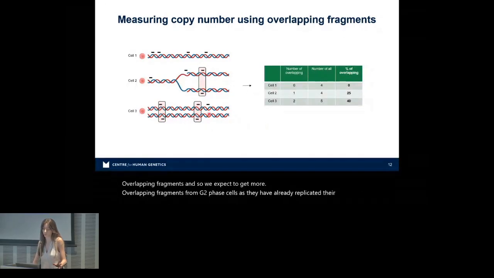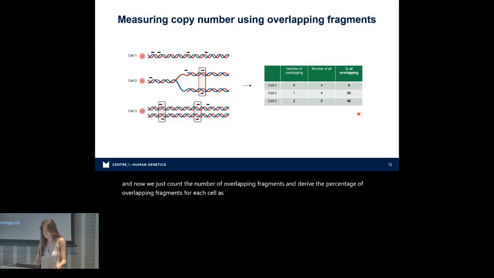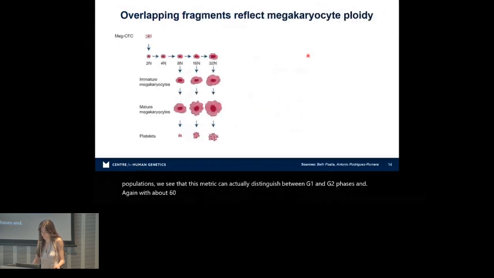Now we just count the number of overlapping fragments and derive the percentage of overlapping fragments for each cell as our next metric. When we check the distribution of this metric across different cell cycle phase populations, we see that it can distinguish between G1 and G2 phases, again with about 65% accuracy.